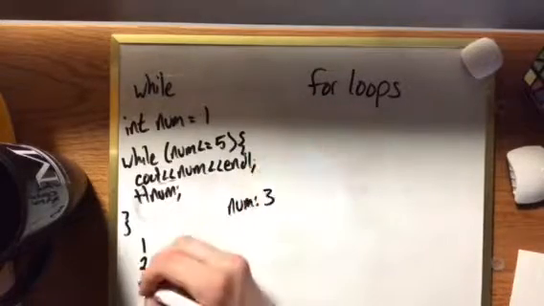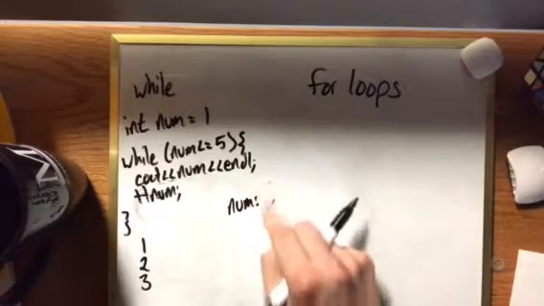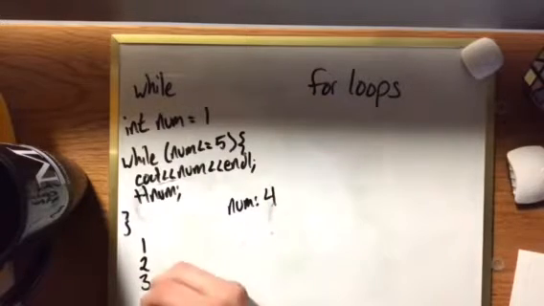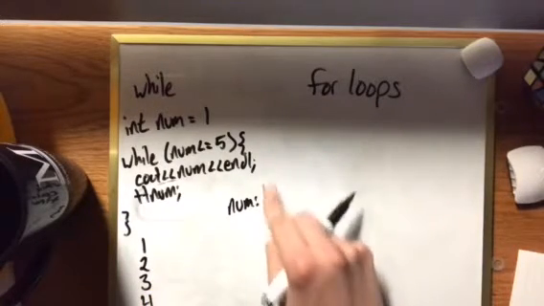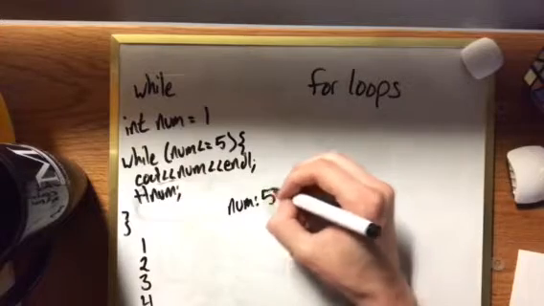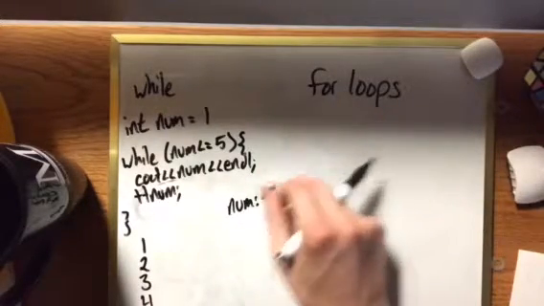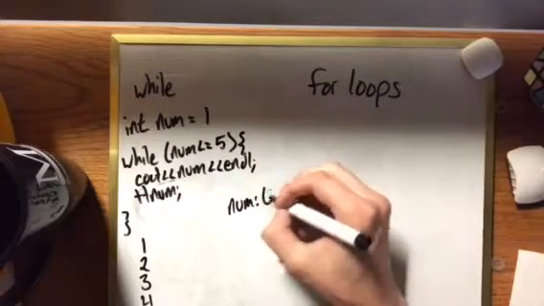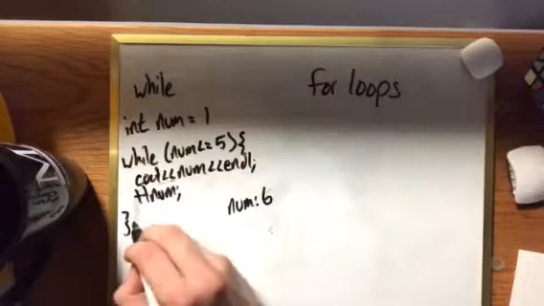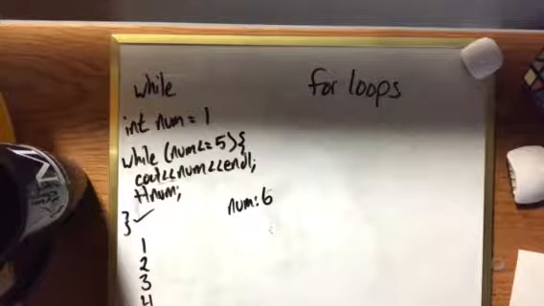It'll run through again because the condition is still true. It'll increment num to 4. It'll print 4. It'll increment number to 5. 5 is equal to 5, so it'll print 5. Then it'll increment number again to 6. This condition is no longer true, and we end up out of the while loop.